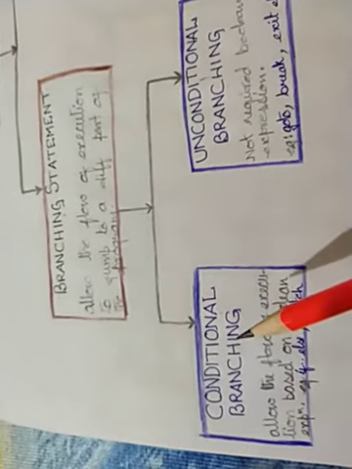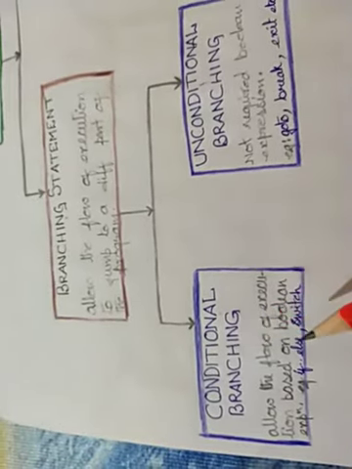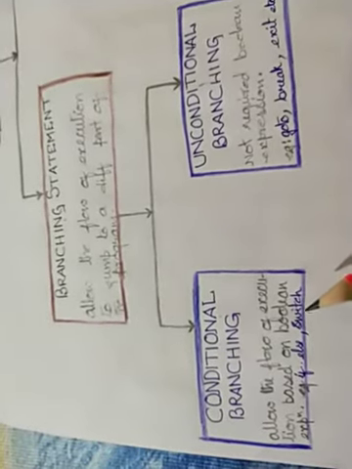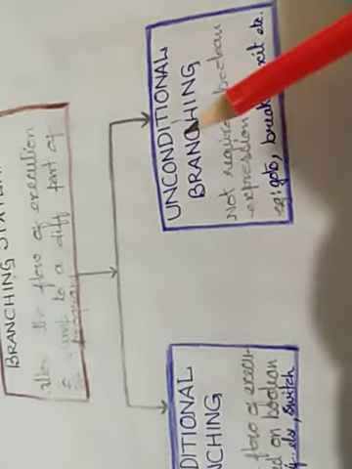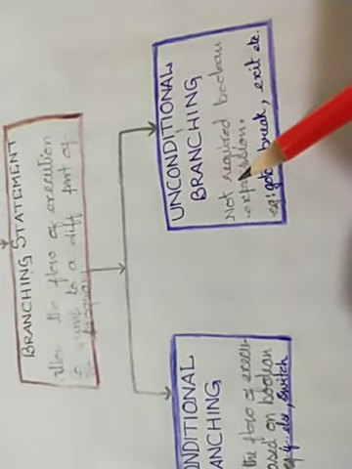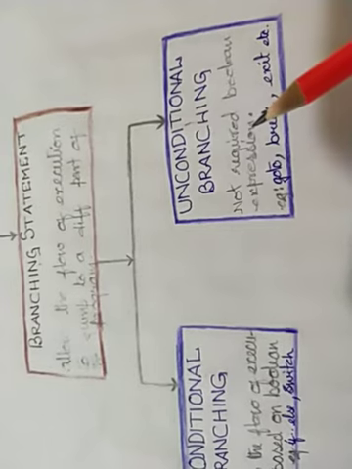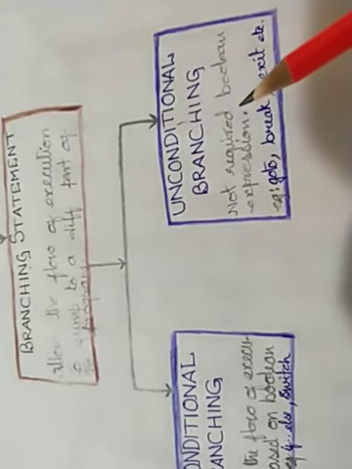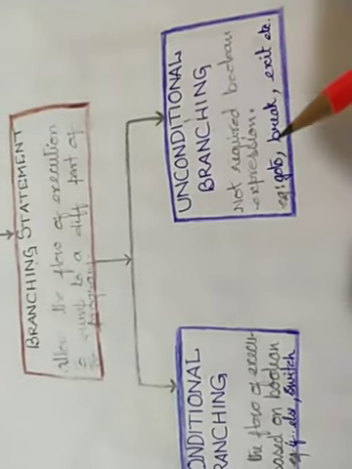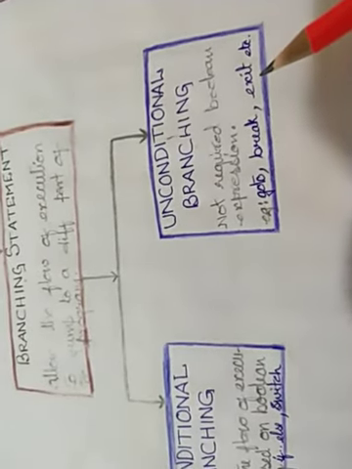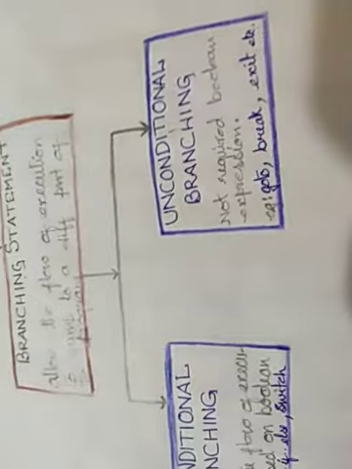Examples of conditional branching are the if statement, if else statement, and switch statement. But unconditional branching does not require a Boolean expression, or we don't need to give a condition. Examples of those statements are the goto statement, break statement, exit statement, and so on.